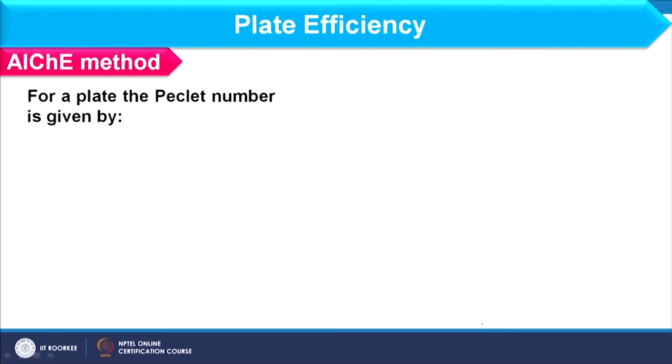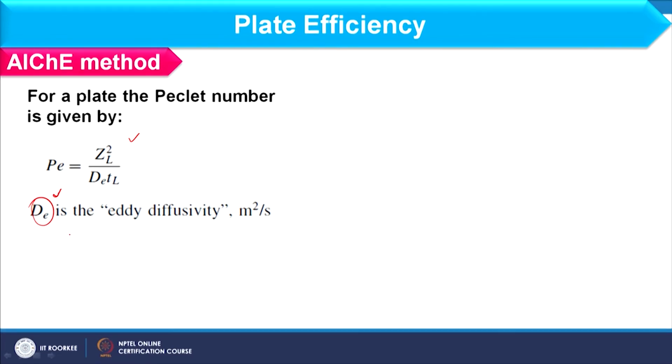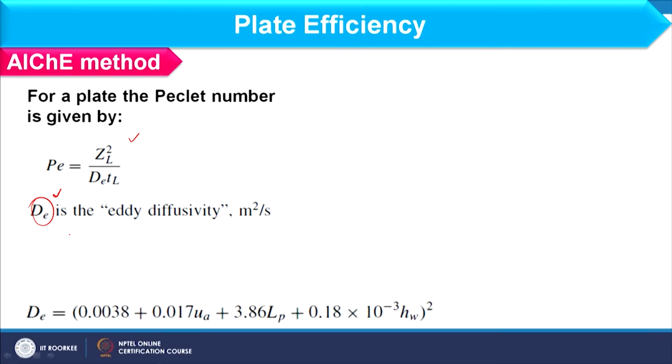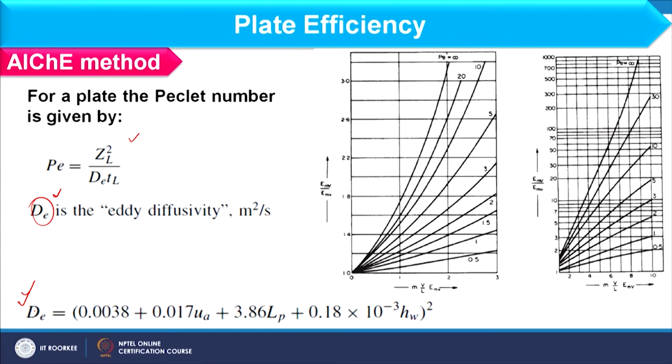You can consider this Peclet number, and that is basically ZL square by dE into TL, and dE is the eddy diffusivity which counts the mixing over the plate, and this is the empirical correlation to calculate eddy diffusivity. Once you have the Peclet number, you can find out this EMV by EMV small, because EMV small you can already calculate based on NL as well as NG value.